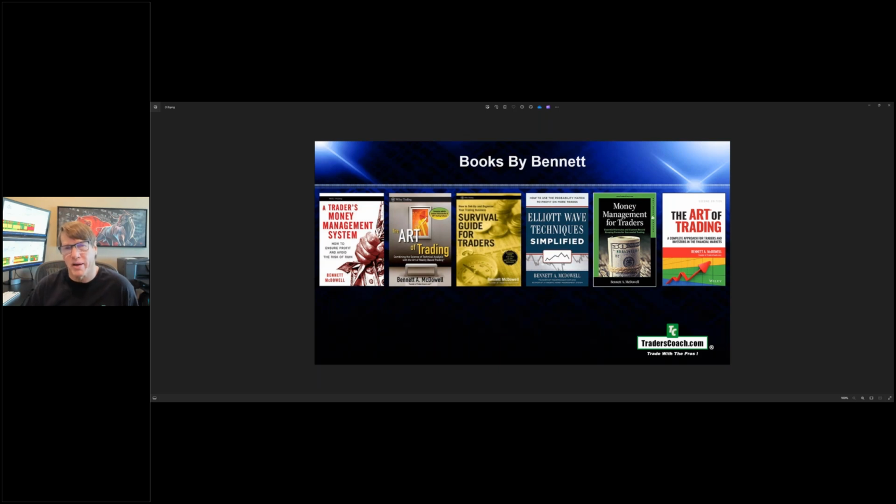The first book came out quite a while ago, but what I wanted to do with Money Management for Traders is provide you an easy to follow, concise set of rules so you can add those into your trading rules very easily. It's a very concise but comprehensive enough book for you to implement a good solid risk control program into your trading.